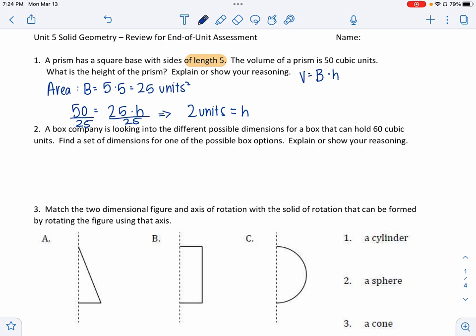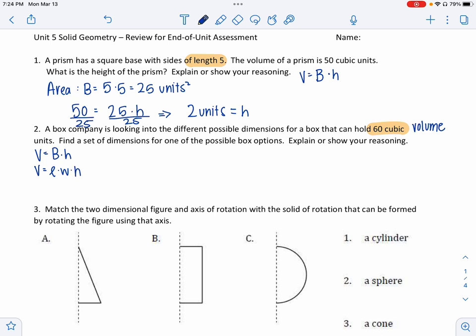A box company is looking into different possible dimensions for a box that can hold 60 cubic units. Find a set of dimensions for one of the possible box options. Okay, so cubic units, that's a volume. We can use volume equals base times height, but knowing the base is equal to the length times the width, really the volume is going to be length times width times height.